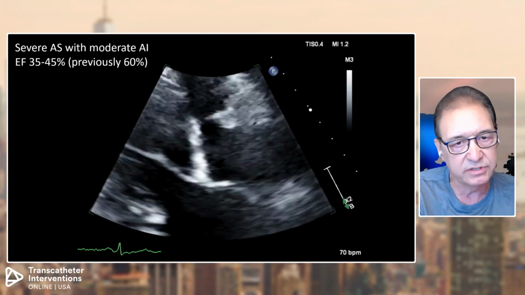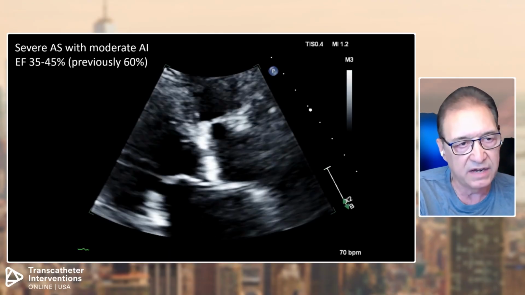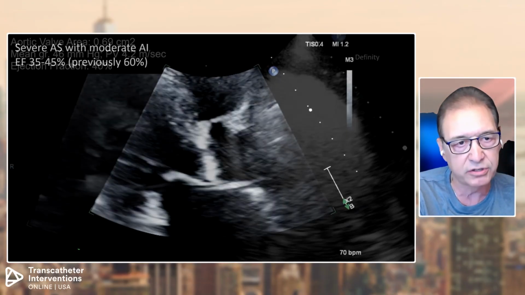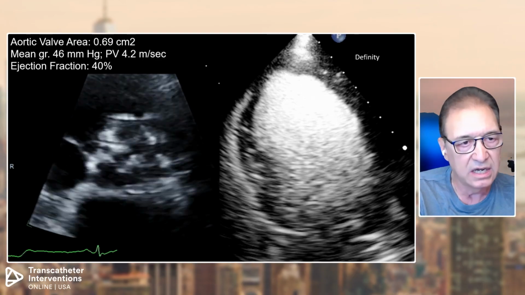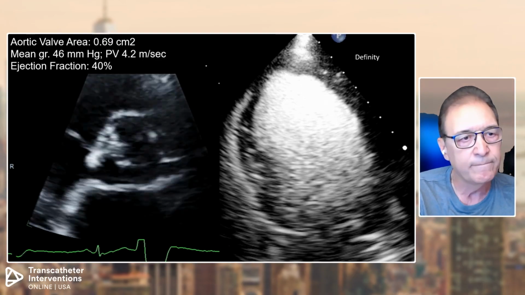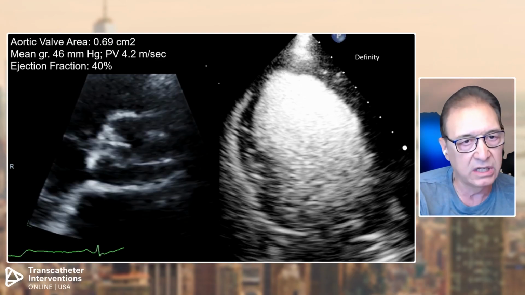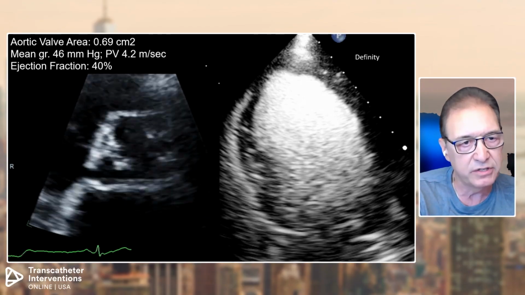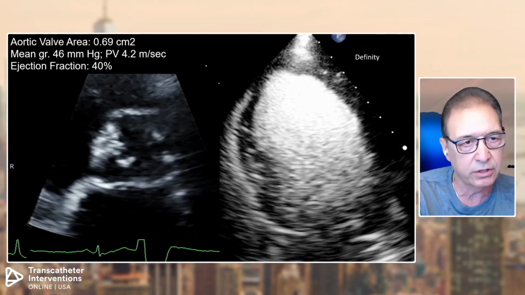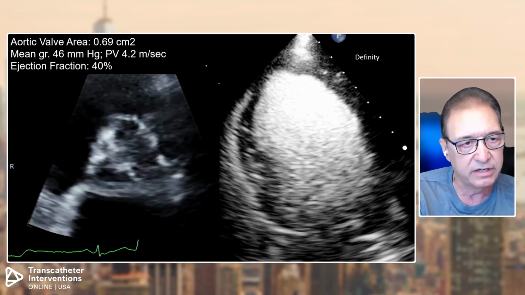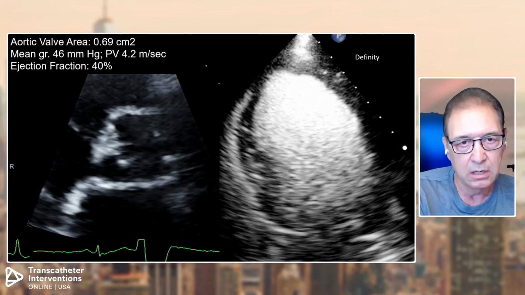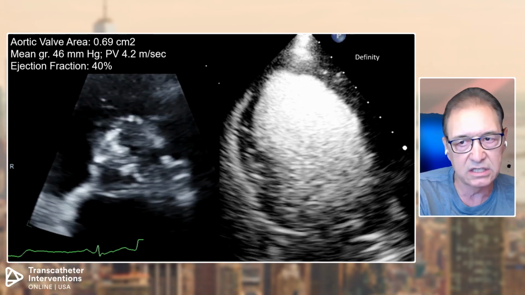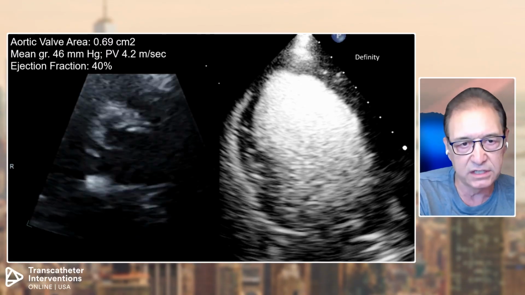She had had an echo several years earlier with an EF of 60%, and now there was a marked diminution in her systolic function, which we were able to really determine by using contrast echocardiography. No question about the severity of aortic stenosis, no question on echocardiography about the severity of LV dysfunction.